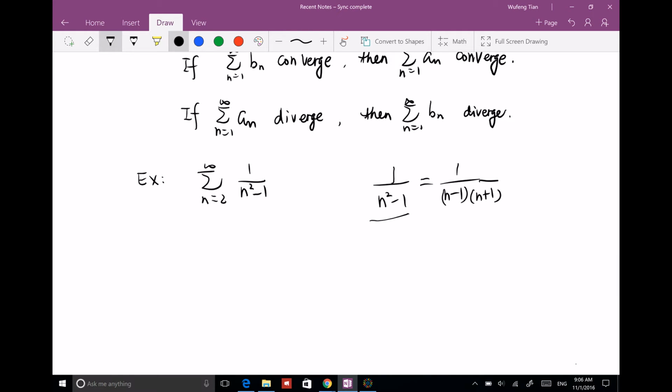Alright, so the theorem is the limit comparison.